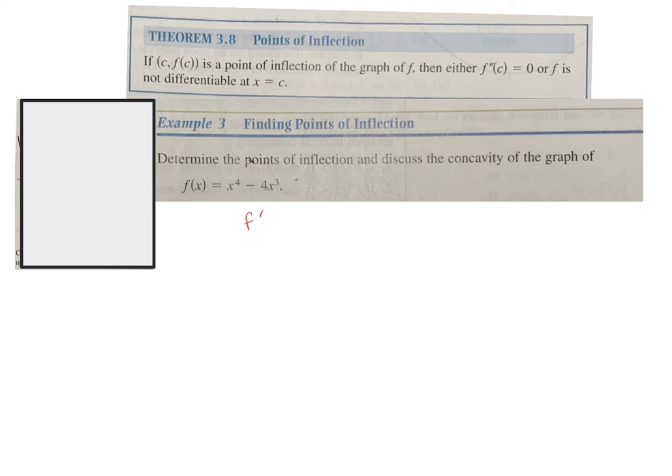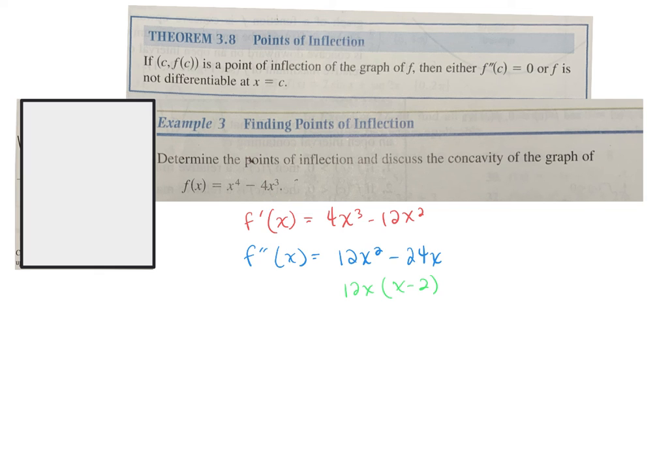My first derivative, we got a beautiful first derivative, right? 4x cubed minus 12x squared. Second derivative, just as easy. It's going to be 12x squared minus 24x. We find out where that equals 0 by just pulling out that 12x. We get x minus 2.